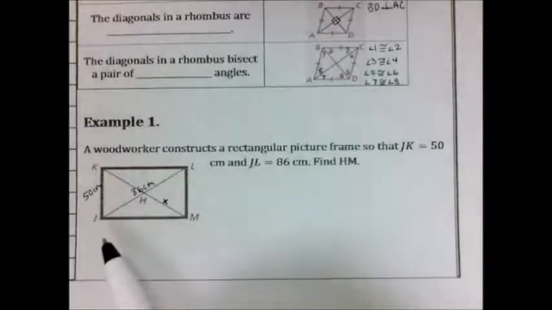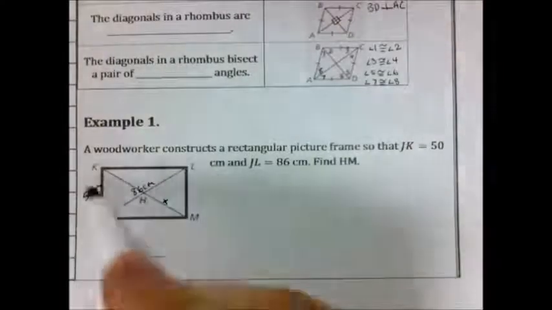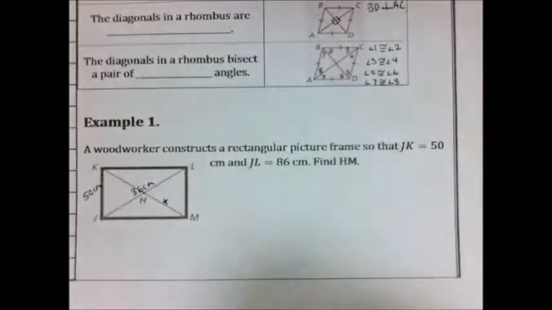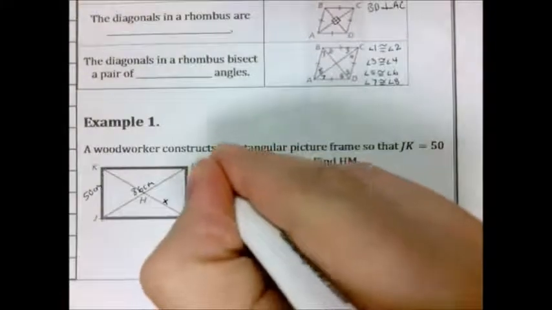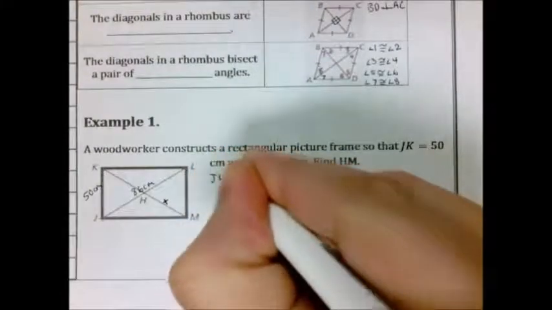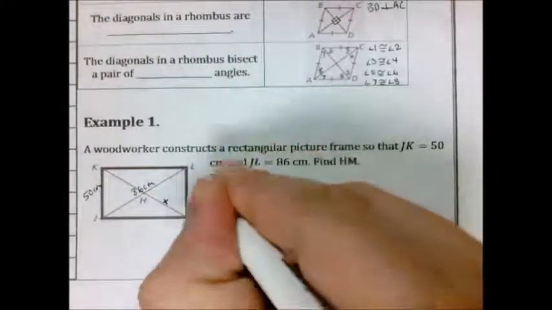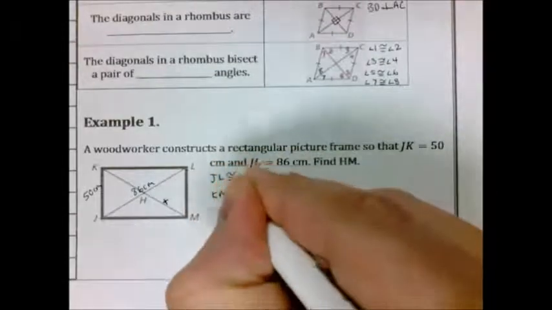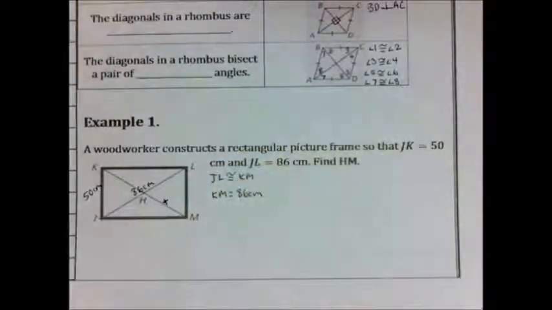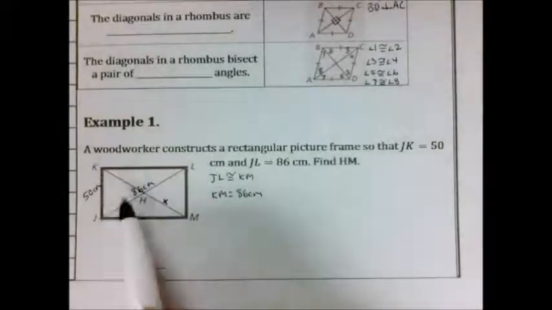And what we know about a rectangle from above is that the diagonals in a rectangle are congruent. That means JL is going to be congruent to KM, or in other words, KM is equal to 86 centimeters, right? It has to be 86 centimeters because they're congruent.